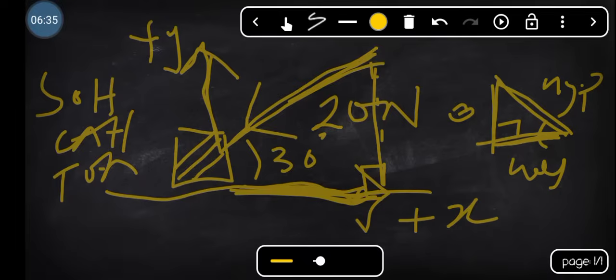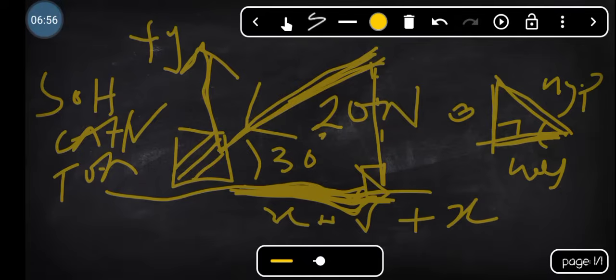So we are looking for the first component along this side. Let's call it X Newton. X is the adjacent and the force is the hypotenuse. That means we make use of cos 30.